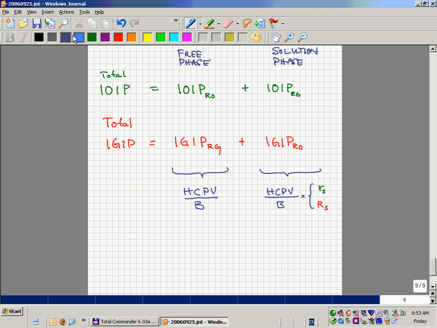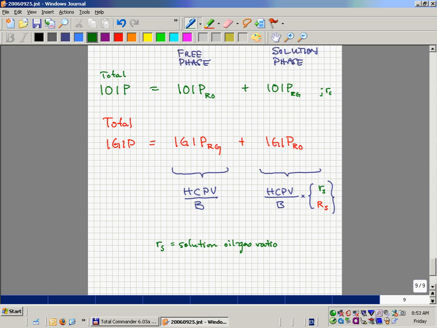I know this is all getting confusing, but the little RS term, which is used up here, little RS is the solution oil gas ratio. That's the cup of water in the air.